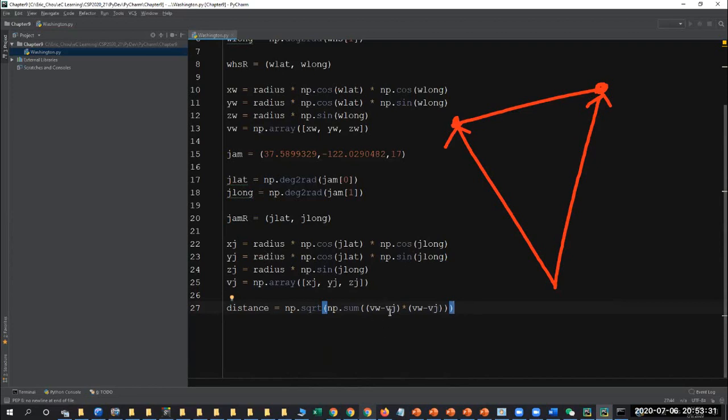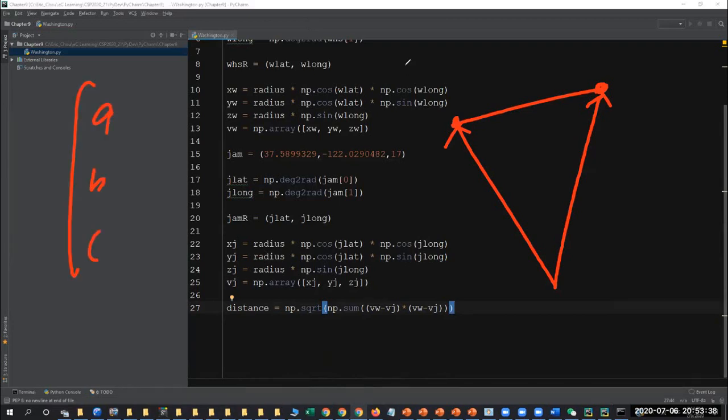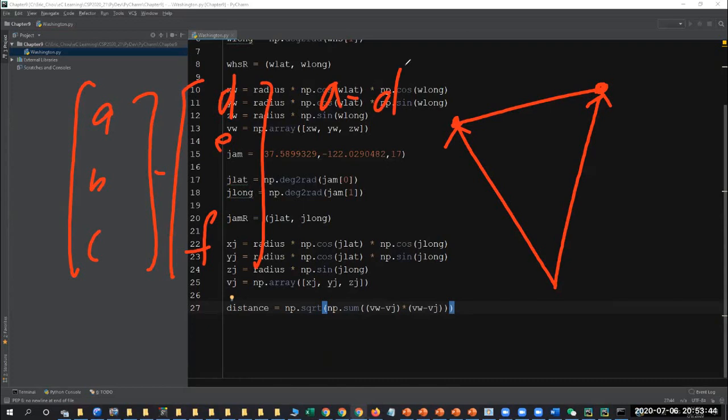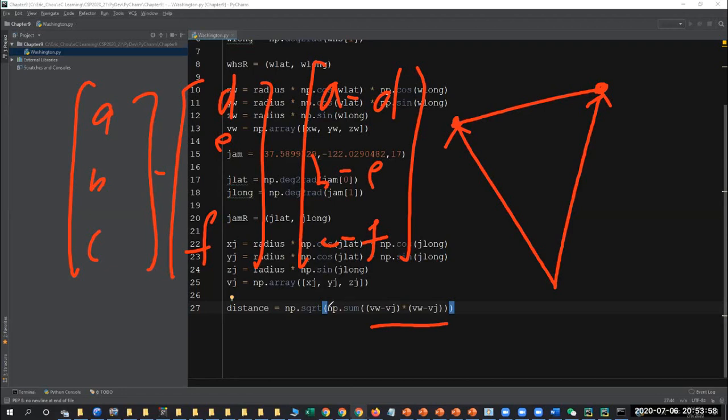Vector 1 minus vector 2. Vector 1 minus vector 2 in NumPy would be A, B, C minus D, E, F, right? So you will get A minus D, B minus E, C minus F, right? And then we do square, and then we do sum, and we do square root, right?